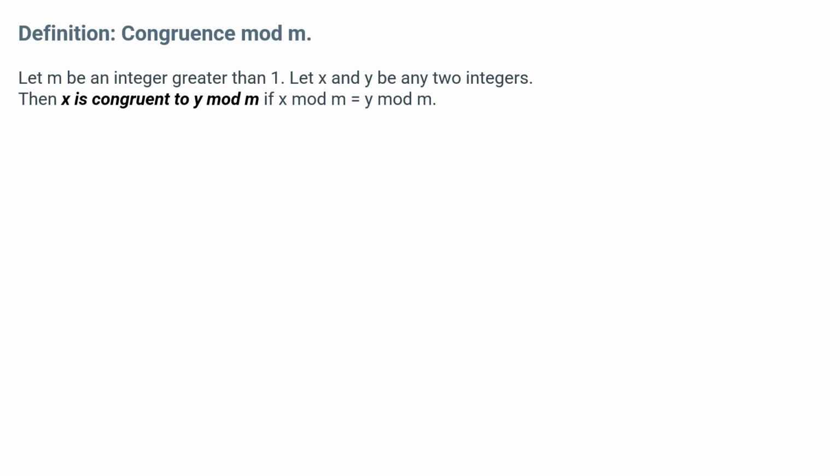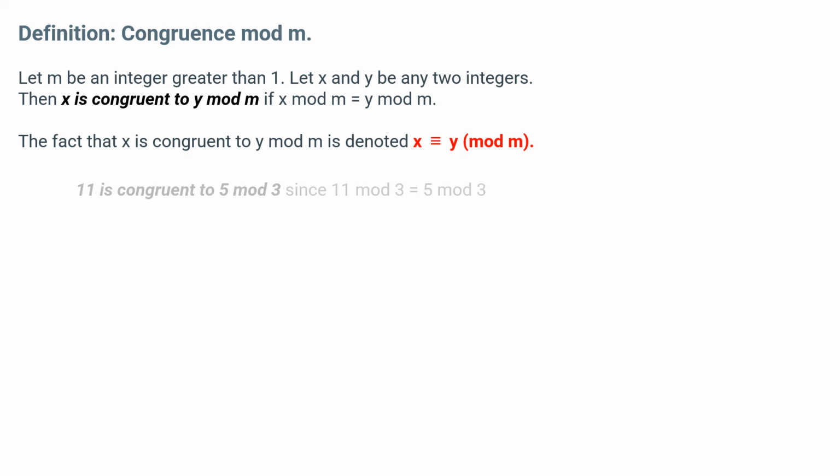It's x is congruent to y mod m if x mod m equals y mod m. We'll look at some examples here. If it's true that x is congruent to y mod m, then we could denote it this way with 3 equal signs and then say what the mod is, because they could be congruent in one mod, but not congruent in another mod.